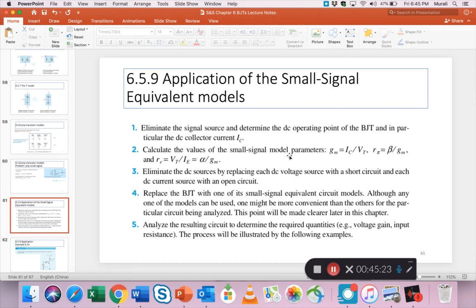Calculate the values of the small signal parameters GM, RPi, RE. To do all this, you don't need anything to do with the small signal yet. Once you have step 1, you can do step 2.